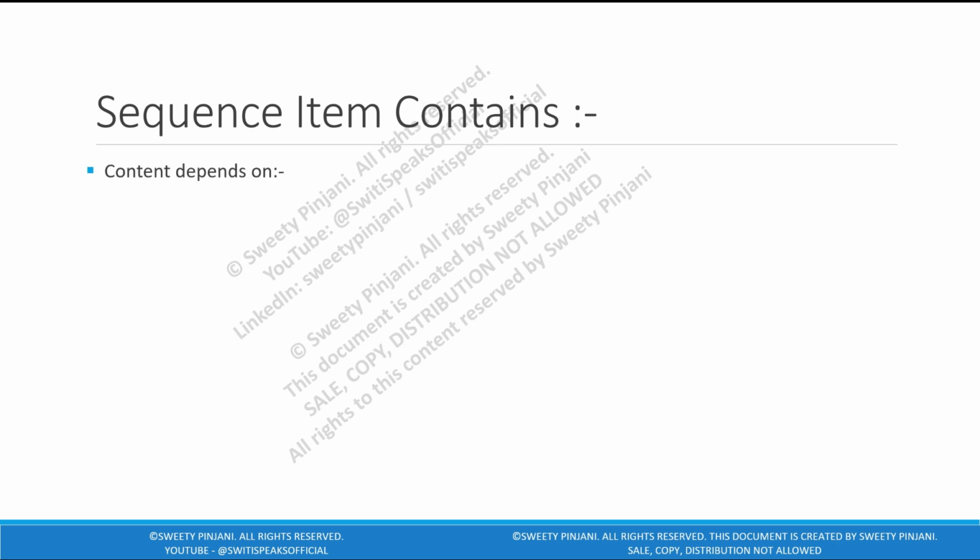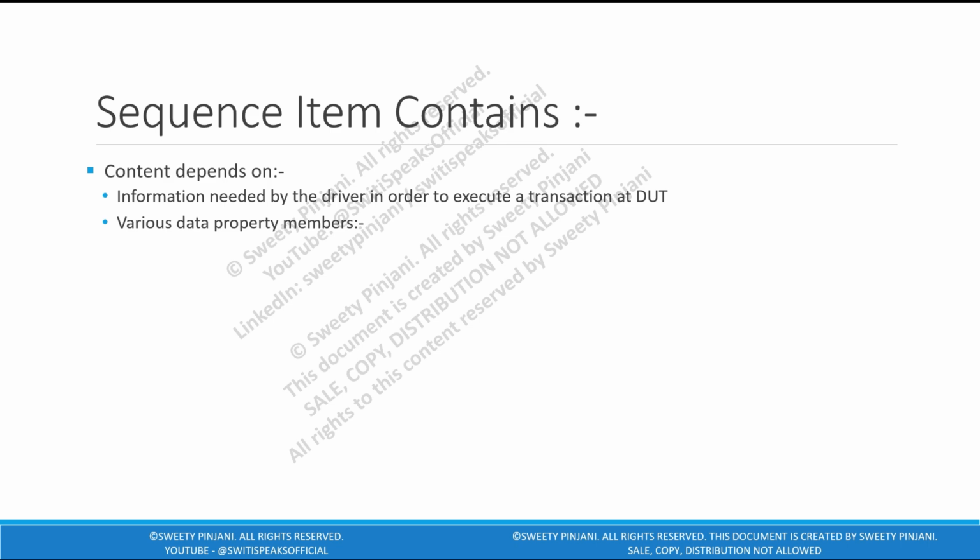The contents of your sequence item should depend on how to drive your design, the information which will be needed by the driver to execute a transaction on your design. That information you will need, and it can have various data property members, or we can call them data fields. Examples are control fields.